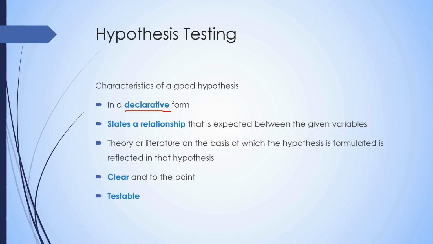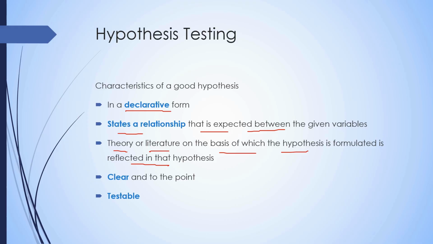Okay. The second characteristic says it states a relationship that is expected between the given variables. Exactly the same example. I'm saying that there is a relationship between the motivation of the student and his or her performance in the class. It should not be in a null hypothesis format which says that there is no significant relationship. No. If you're saying it in a null format, it's not a good hypothesis. The third one says the theory or literature on the basis of which the hypothesis is formulated should be reflected in that hypothesis.